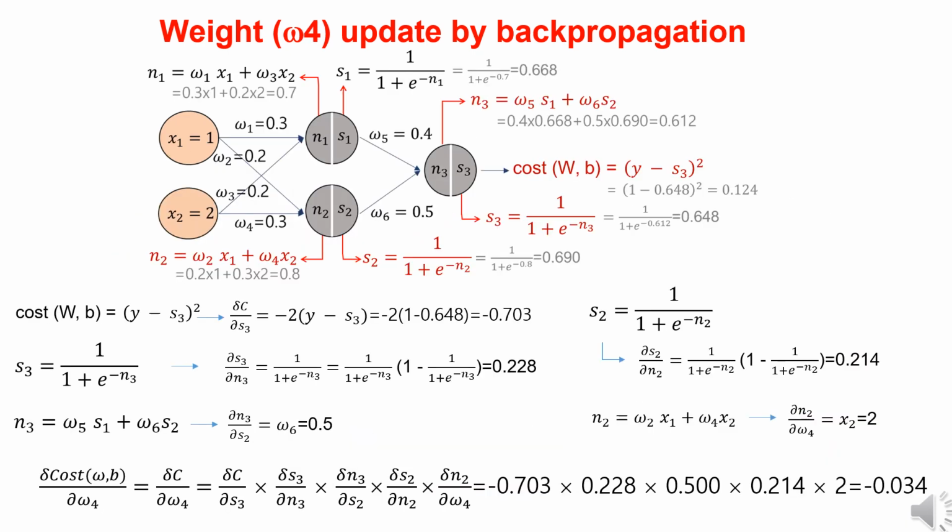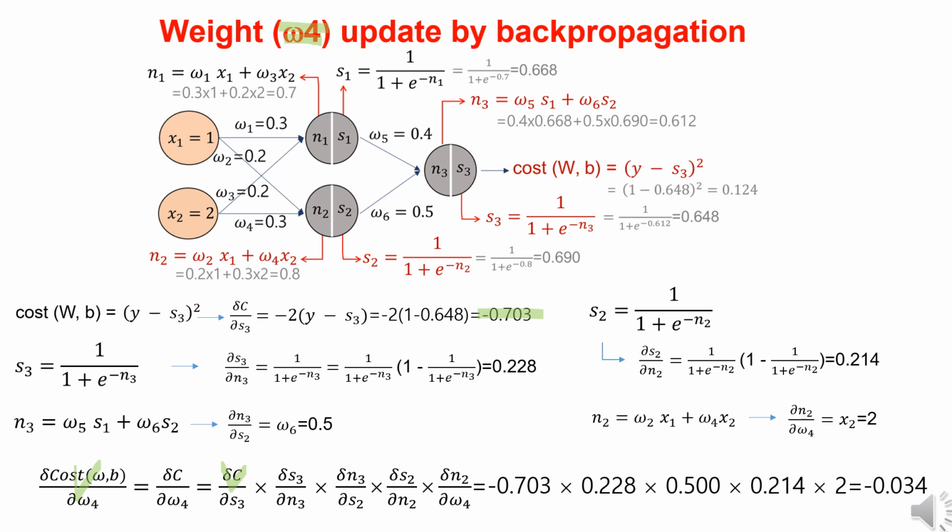In the same way, let's examine the process of updating the weight omega 4. The partial derivative of the cost function with respect to omega 4 can be calculated as the product of several partial derivatives based on the chain rule. Let's calculate each term step by step. The partial derivative of the cost function with respect to S3 is negative 0.703.